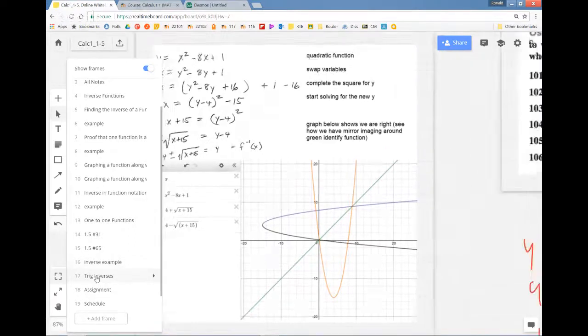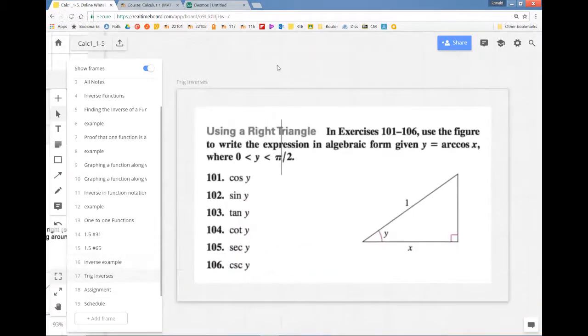Okay, so now trig inverses. This is right from the assignment page. You can see that what we've got here is y equals the arc cosine of x. So what that means is, arc cosine is the opposite of cosine.